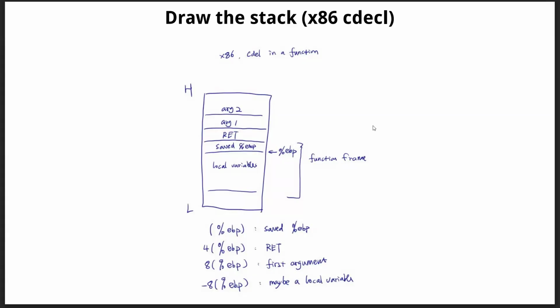EBP plus 8 points to the first argument for 32-bit. 64-bit obviously will be RBP plus 16, not 8. If you do EBP minus something, then you will point to something here. So that probably is a local variable. If you feel this is a little bit confusing, we will have more examples later.